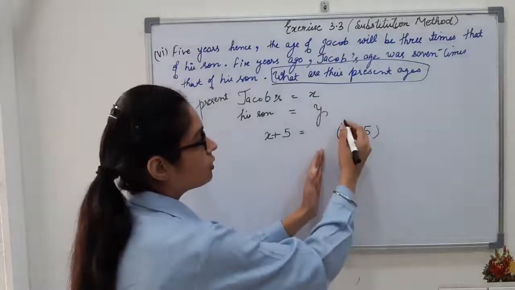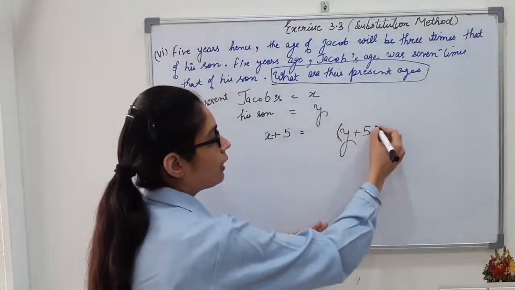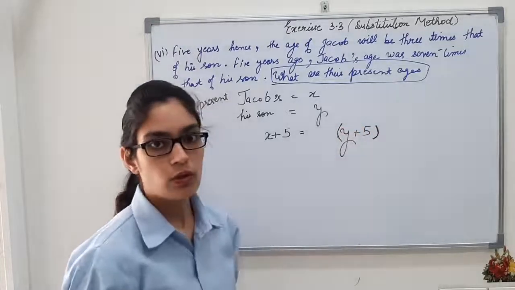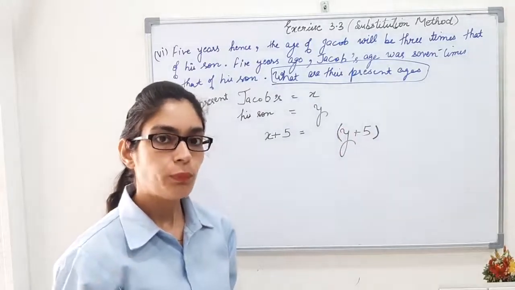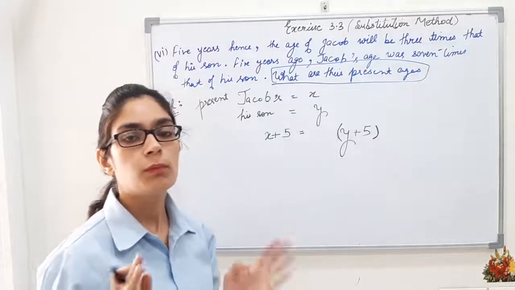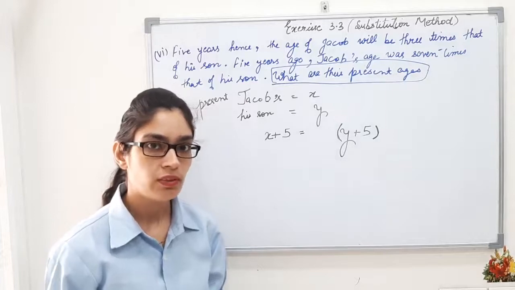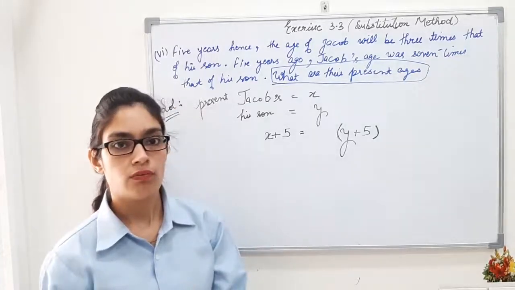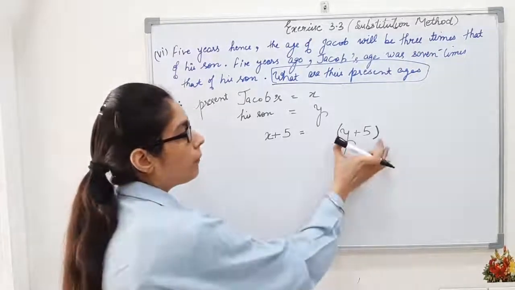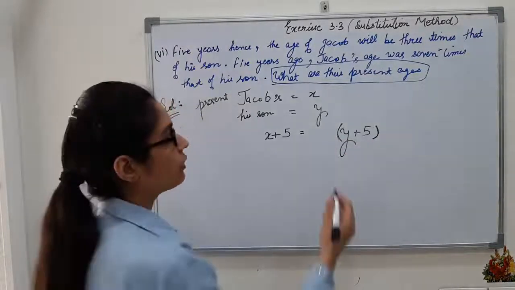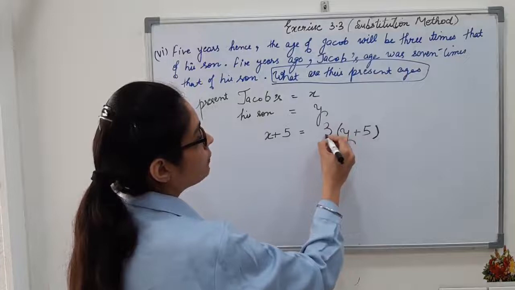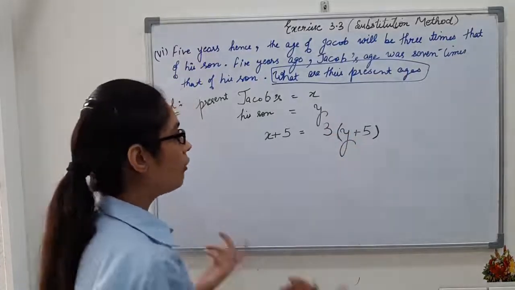"Of" is also used in mathematical language in place of multiplication. In word problems, mostly if they are using "of", like 3 times of, you have to put the brackets, and this is a sign used for multiplication. Now I got the equation.